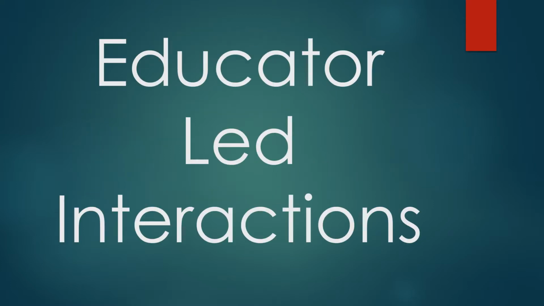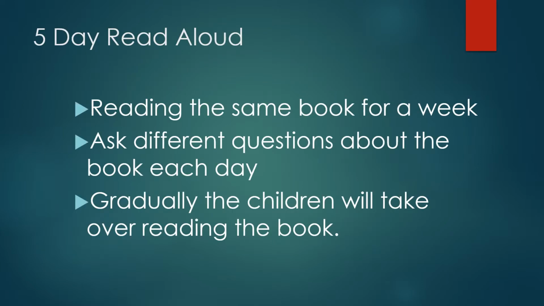Our final topic will be educator-led interactions. Another activity we do within my company is called the 5-day read aloud, where we read the same book every day for a week, and each day we ask a different question of what's going on in the book. The point is for the children to gradually take over reading the book. The first day we introduce the book, and I would read the book to the kids.